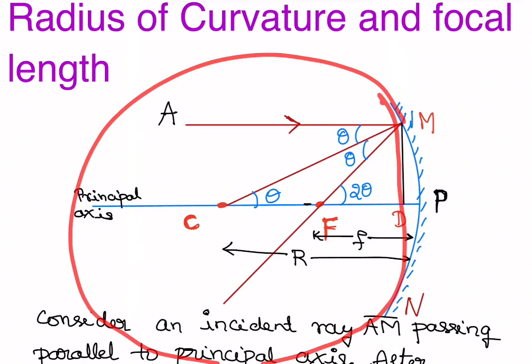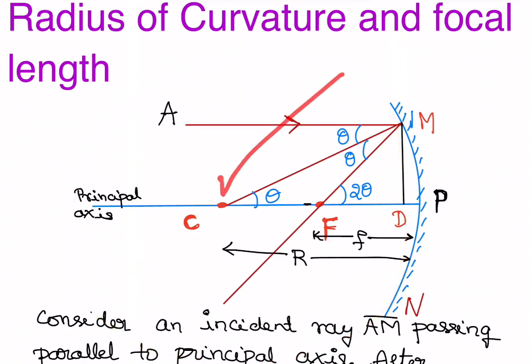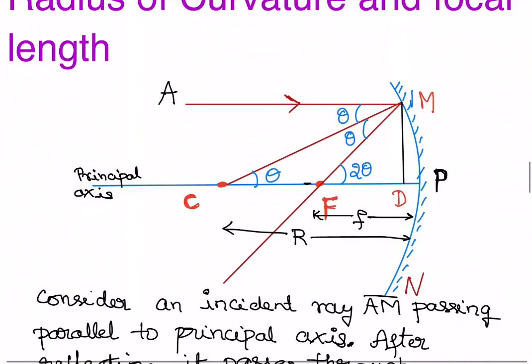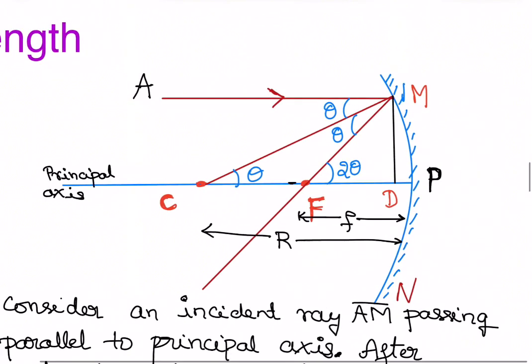the center of this sphere is called the center of curvature of the mirror. Always the distances are measured from the pole.